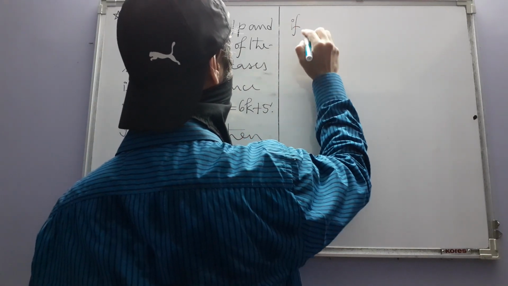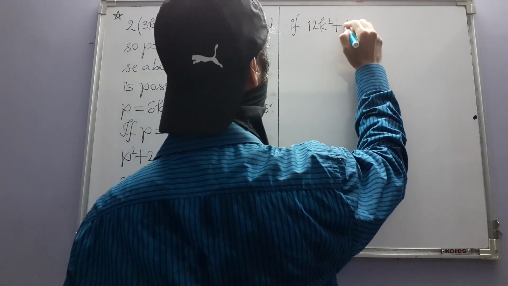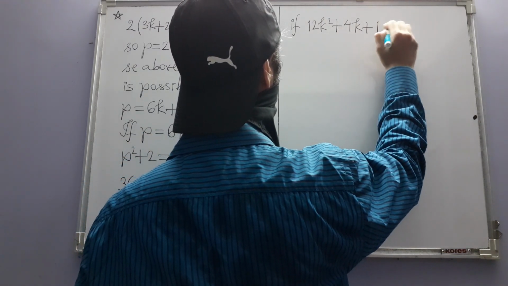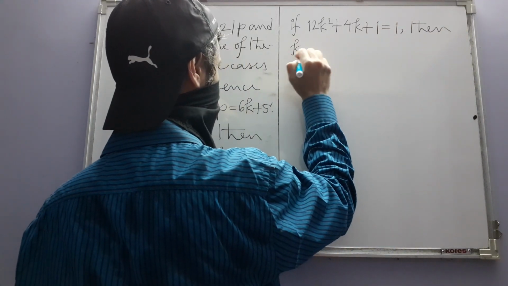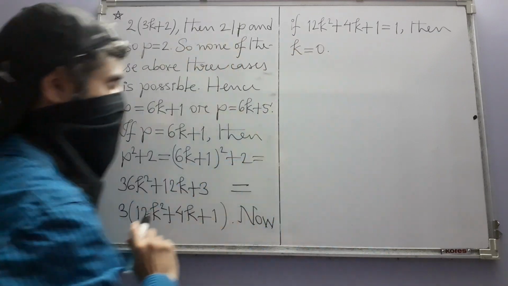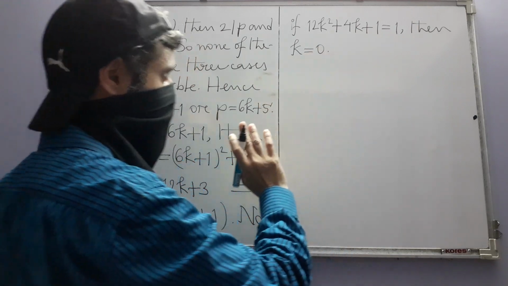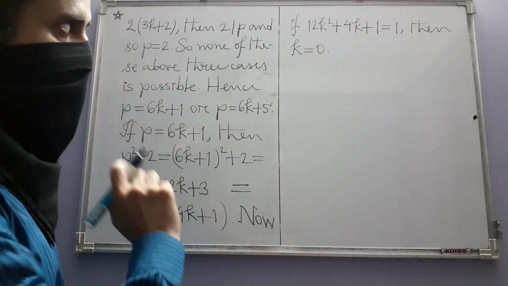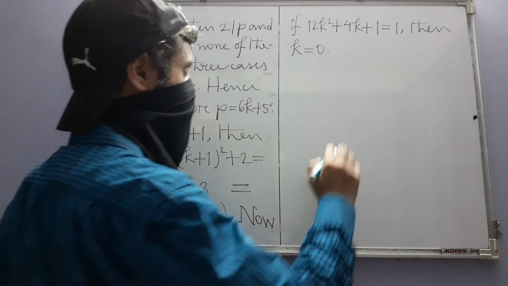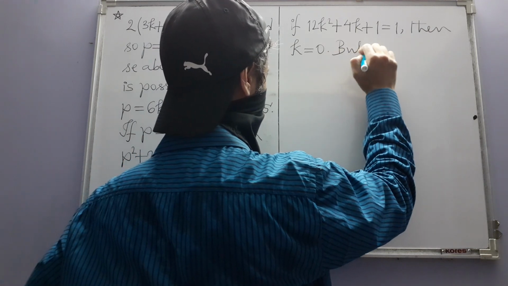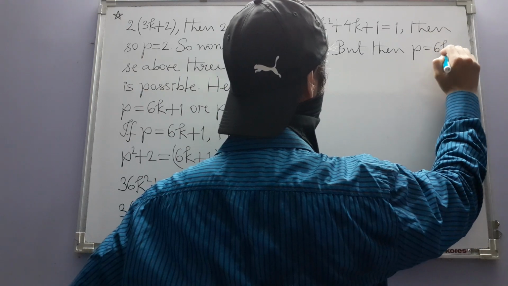Now if that other factor, that is 12k square plus 4k plus 1, is equal to 1, then k is equal to 0. Note that ordinarily you cannot conclude this, right? But because you know that k is a non-negative integer, that means k has to be 0. But then what happens to p? P is 6k plus 1.